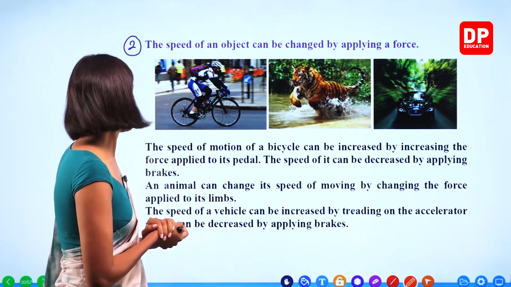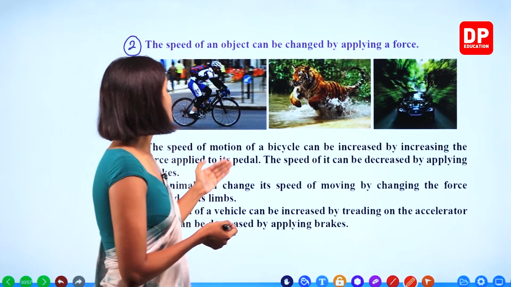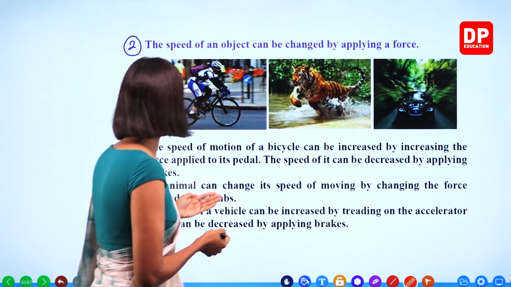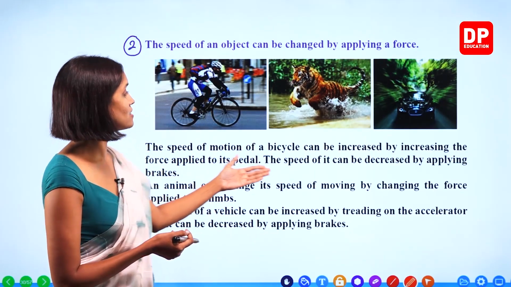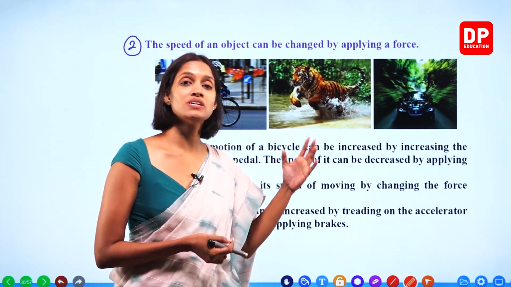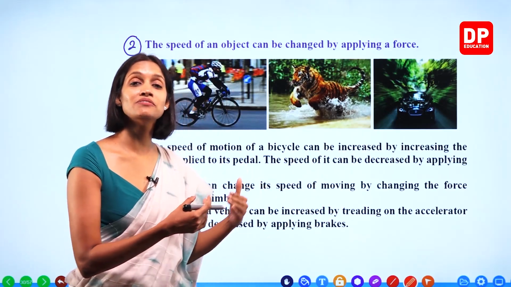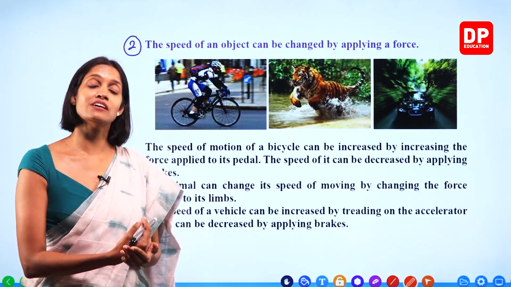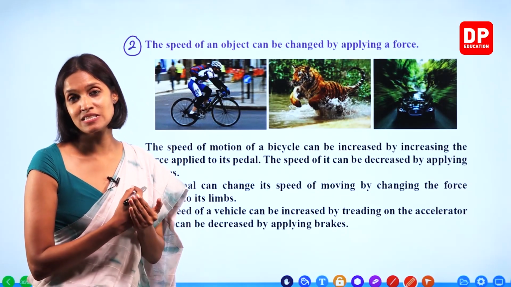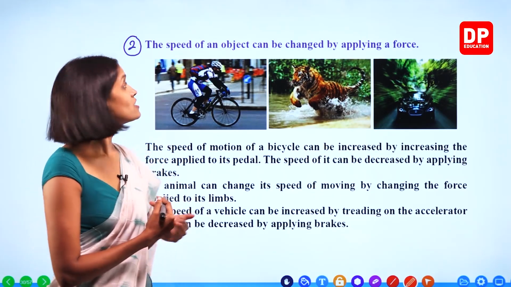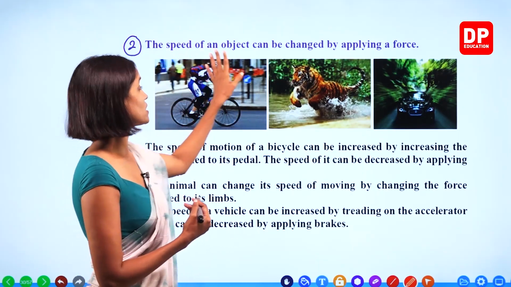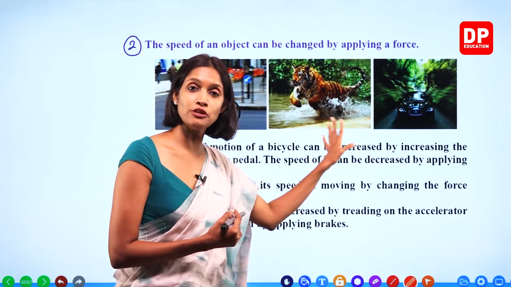The speed of a vehicle can be increased by treading on an accelerator and it can be decreased by applying brakes. Using the accelerator of the vehicle, we can increase the speed. Using the brakes of vehicles, we can decrease the speed. So the second effect of force is that the speed of an object can be changed by applying a force.